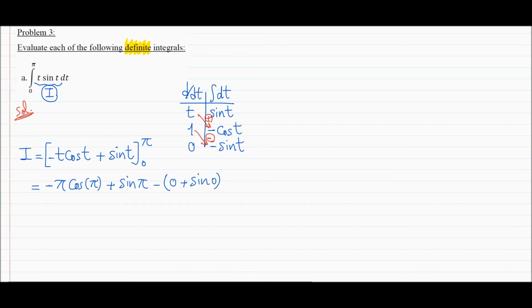As you know, sine 0 equals 0, sine pi equals also 0, and cosine pi equals negative 1. So the final answer will be only pi. So, as you know from worksheet number 11, the main difference is that the indefinite integration gives you a function and the definite integral gives you a value.